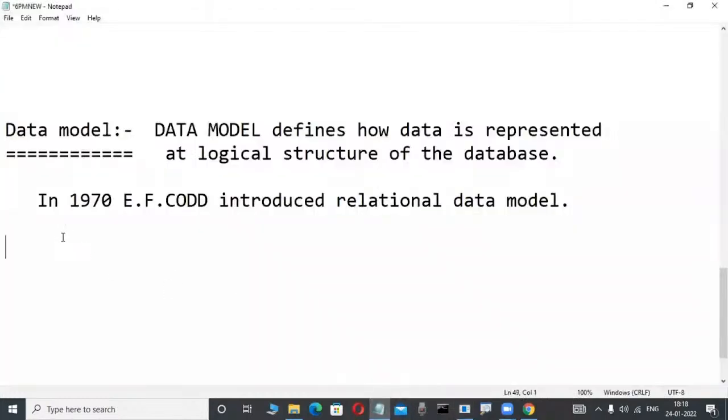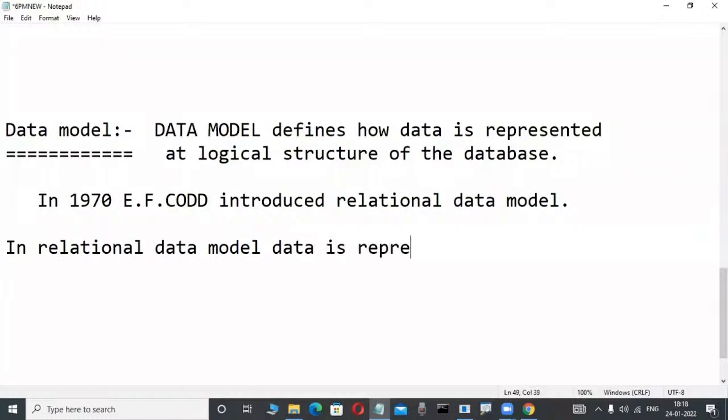So in the relational data model, data is represented in two-dimensional tables, in the format of rows and columns.